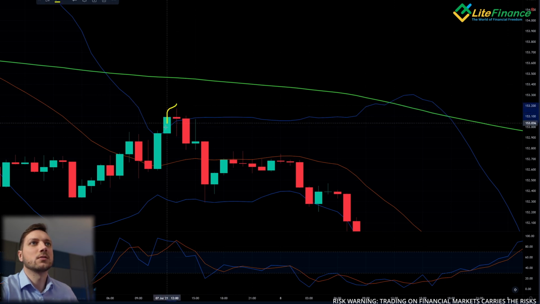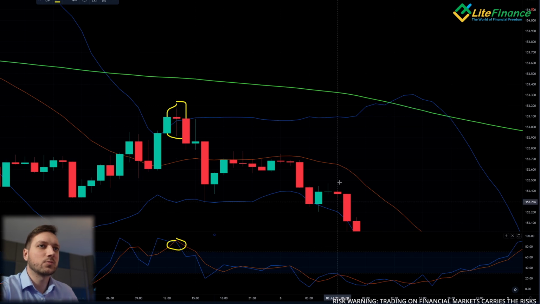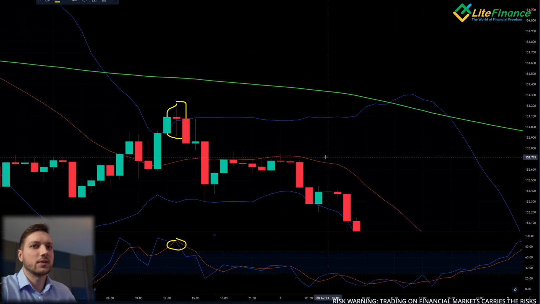So as you can see, this candle was the trigger one because we received the crossover over here. If you will zoom in, you would spot the crossover over here.